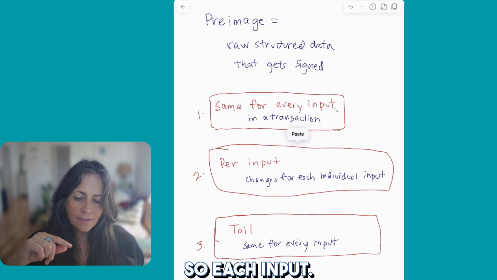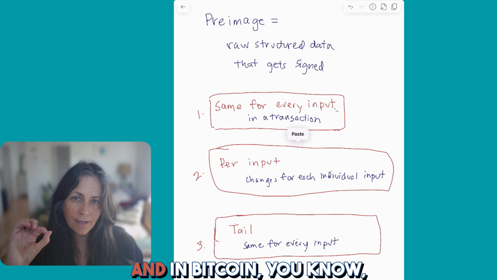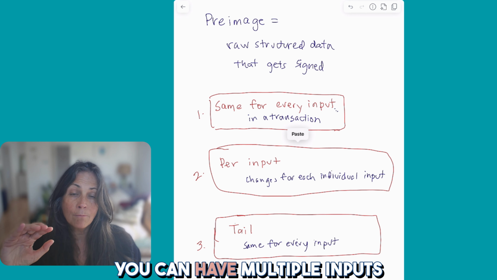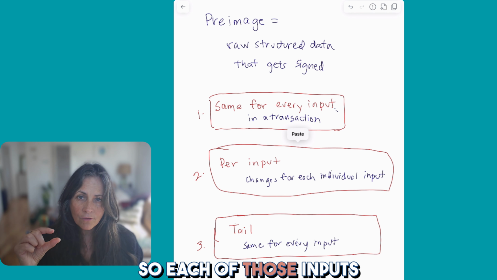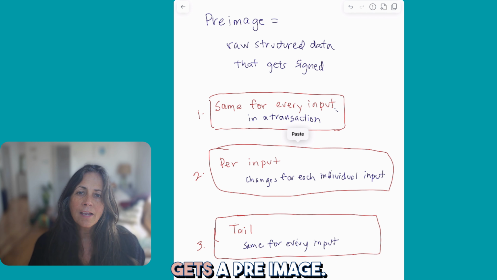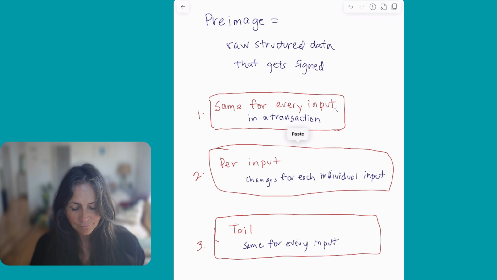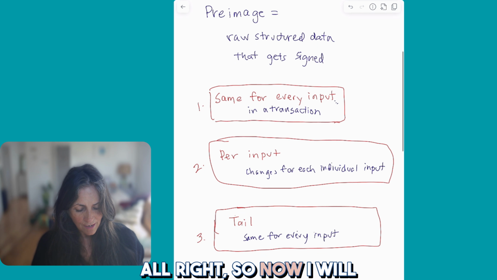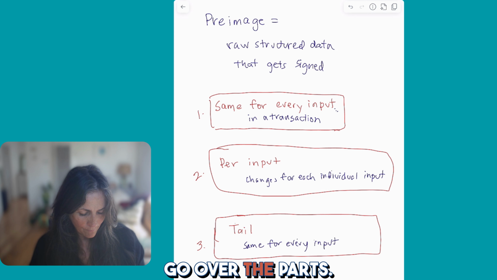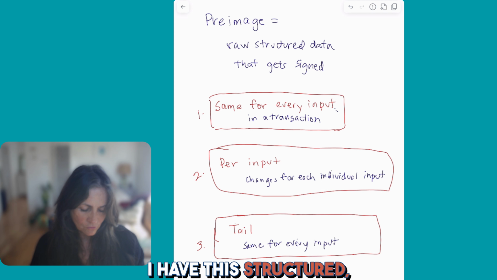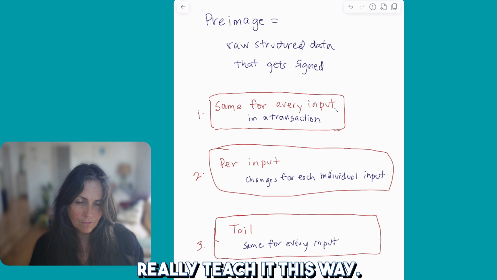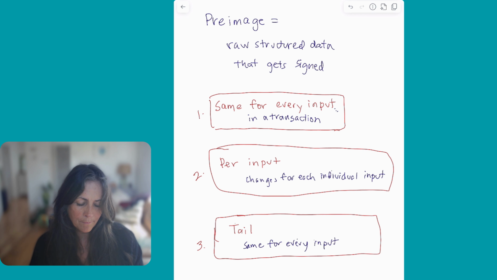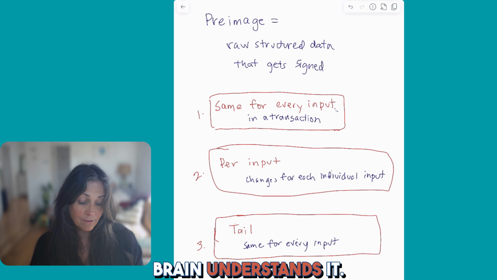So each input, and in Bitcoin you can have multiple inputs in every transaction, each of those inputs gets a pre-image. All right, so now I will go over the parts. I have this structured in sections. I haven't seen anybody really teach it this way, but this is how my brain understands it.